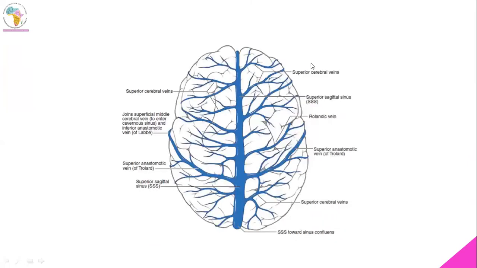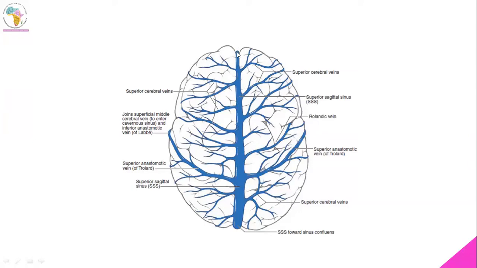So the first sinus we have, as I said, is where the cortical veins that run over the surface of the brain, whether the lateral surface, the medial surface or the basal surface, converge into sinuses. This is the superior sagittal sinus. It is a midline structure.